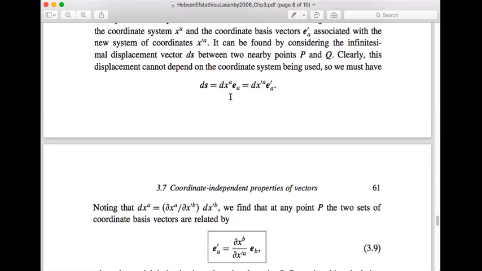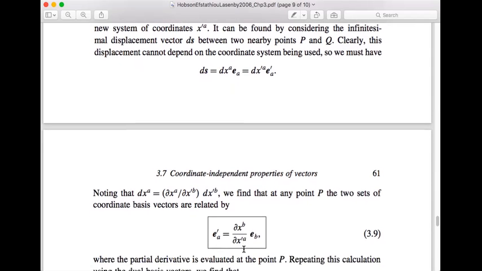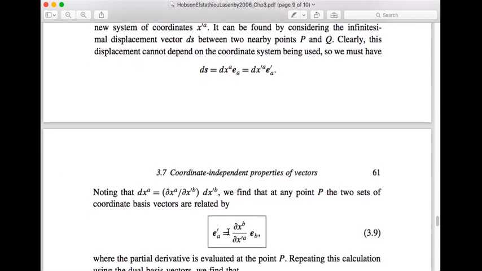But they'll be vectors in the same vector space because they're all applying at the point P, and so they can be written as linear combinations of each other. And what's the matrix that relates the two? Well, it's just the Jacobian of the transformation, as indicated in equation 3.9, and he proves that to you.